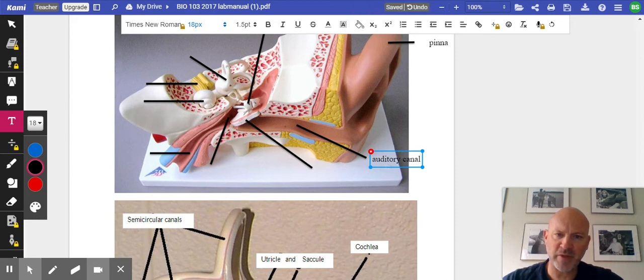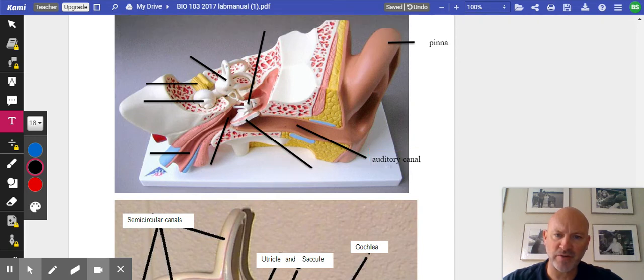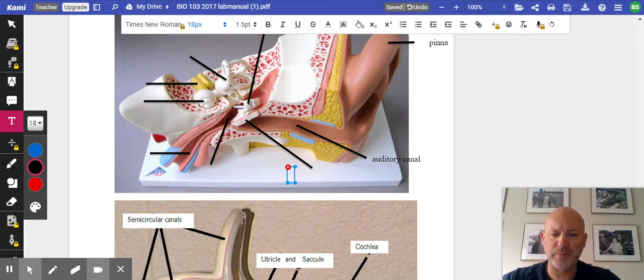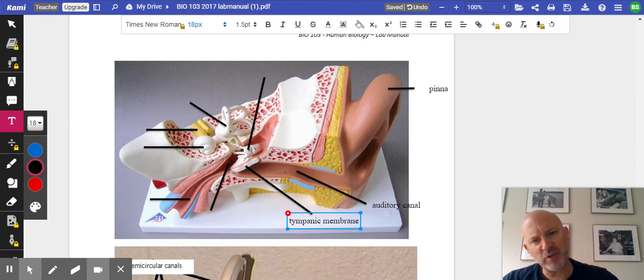The middle ear begins with this structure right here. This is called the tympanic membrane. Tympanic membrane is also called the eardrum. So what happens is as the sound waves are coming in through the auditory canal, it causes this eardrum to vibrate. On the other side of the eardrum, we have these three bones, the malleus, the incus, and the stapes.